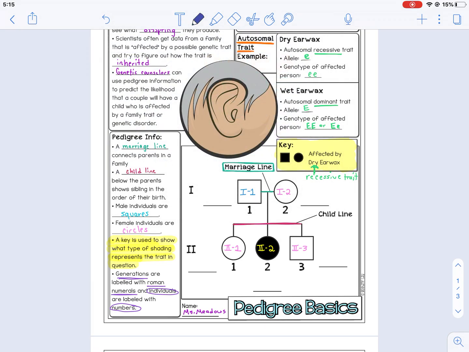So individual I1 is not affected with dry earwax. Individual I2 is not affected with dry earwax, but one of their children is.